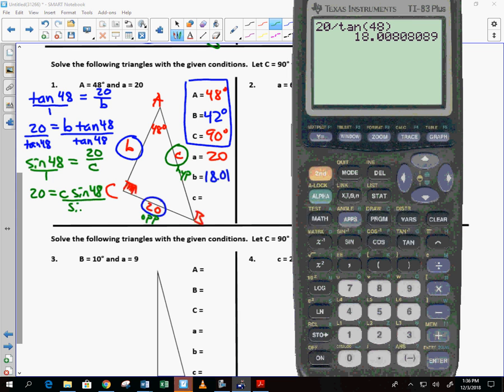Divide both sides by the sine of 48. 26.91.